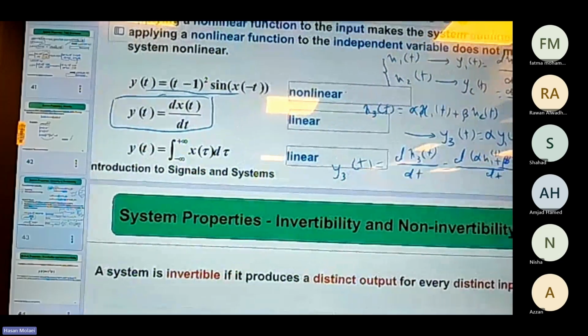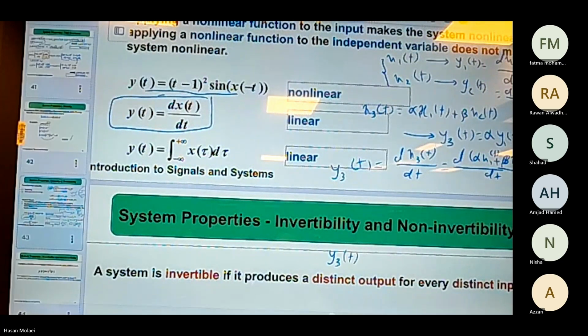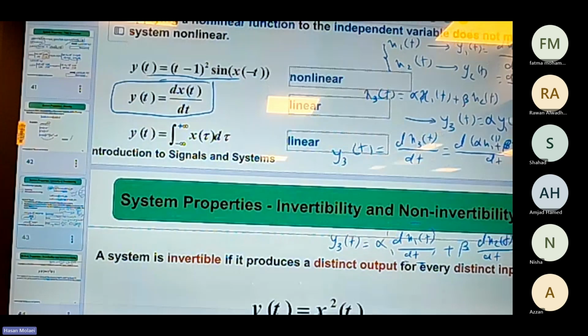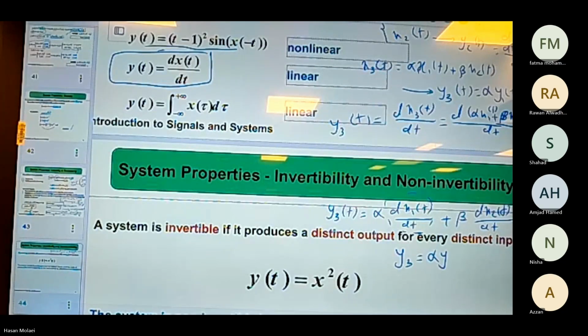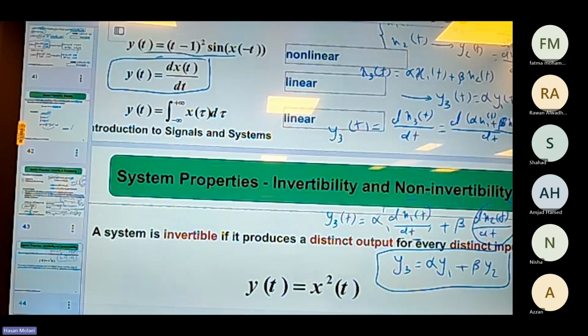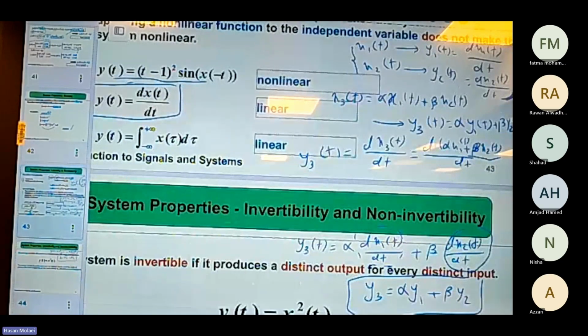Alpha is a constant, so I can take it out: alpha x1(t) over dt plus beta x2(t) over dt. So the derivative of x3 is alpha times the gradient of x1 plus beta times the gradient of x2, which is the same as this one.